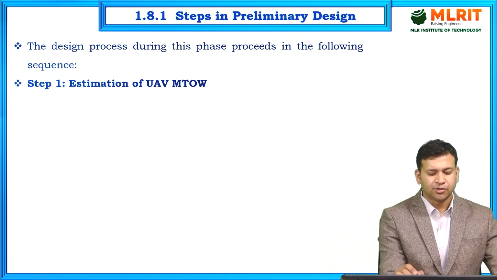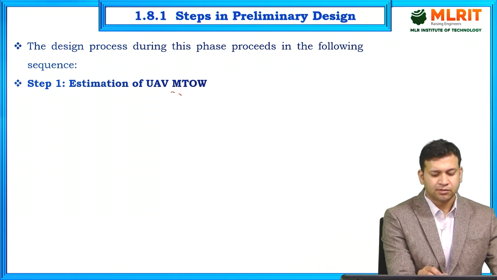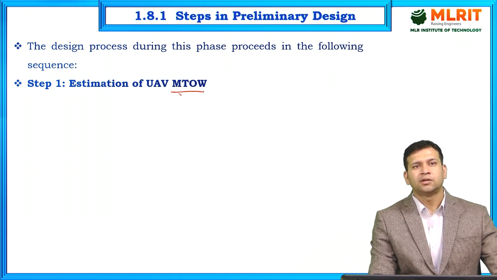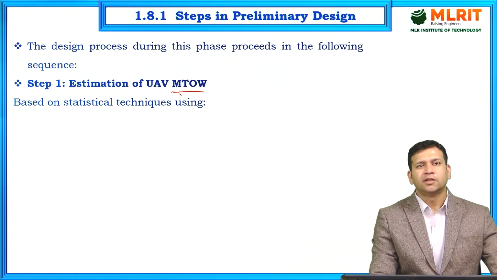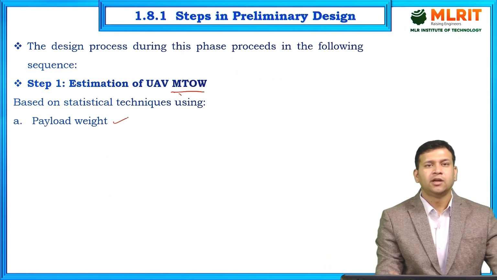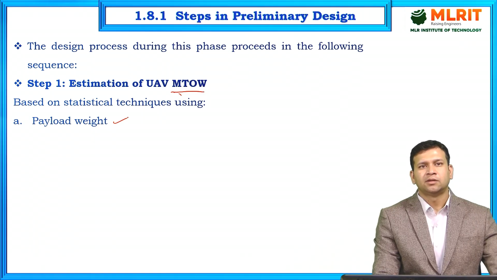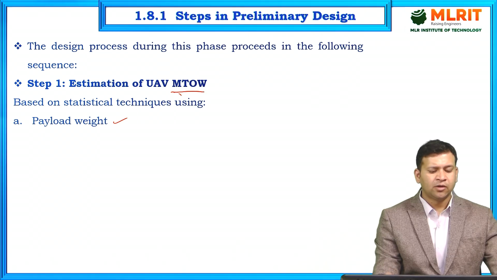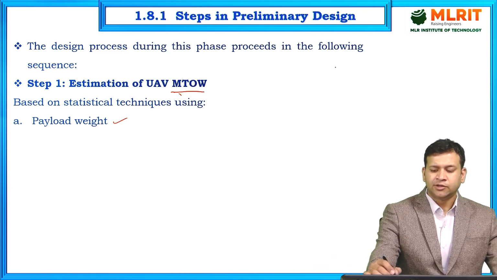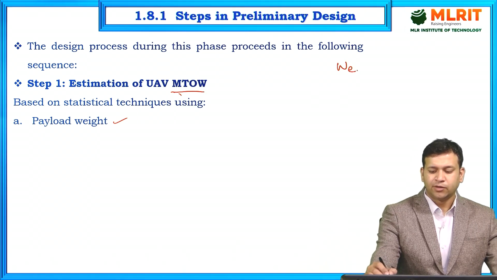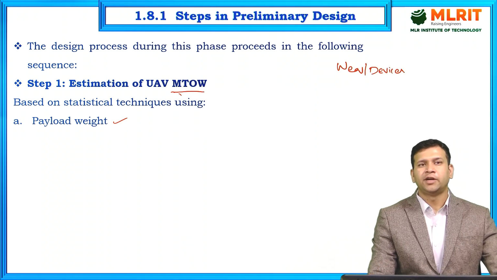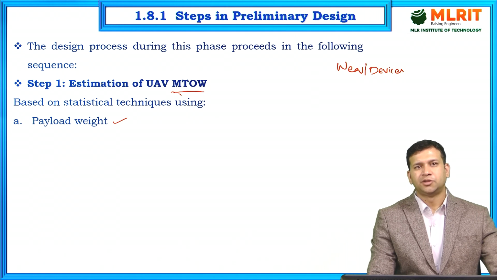First one, estimation of UAV maximum takeoff weight from the flowchart. Based on statistical techniques, first we'll define the payload, how much weight the aircraft is supposed to carry. This payload may include the weights of equipment or devices which will be accommodated in the fuselage for the mission.